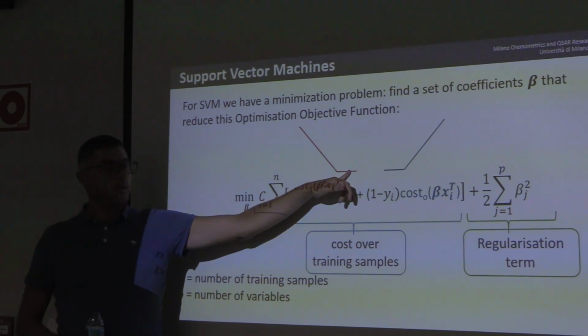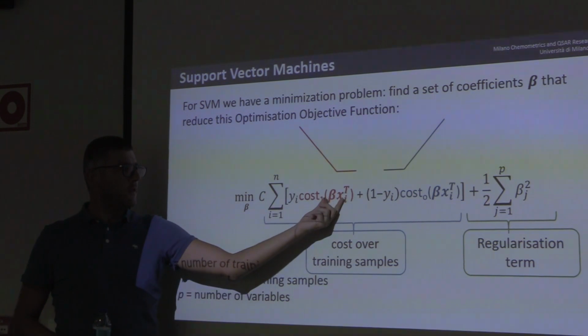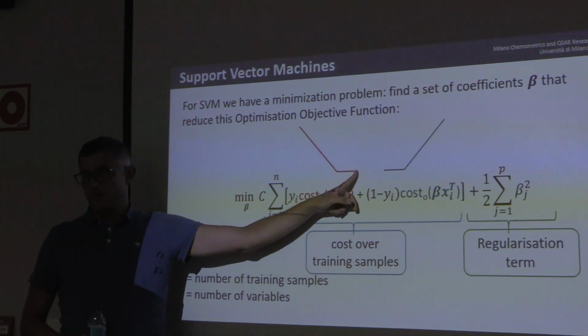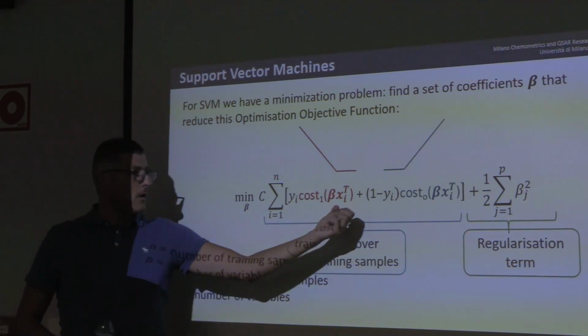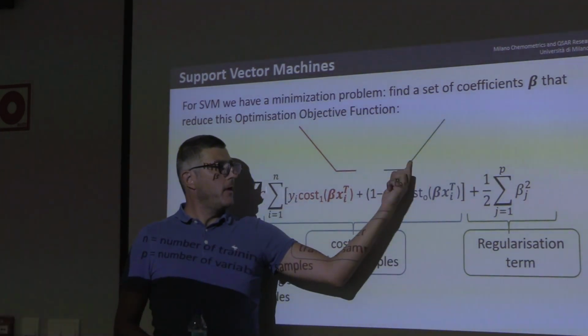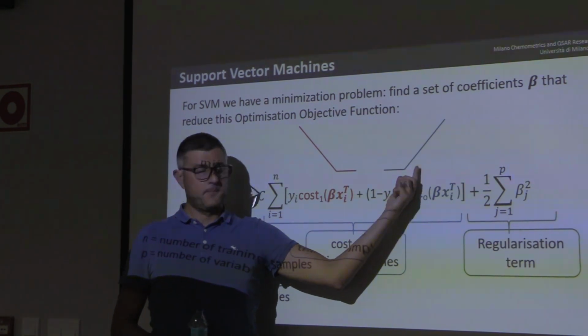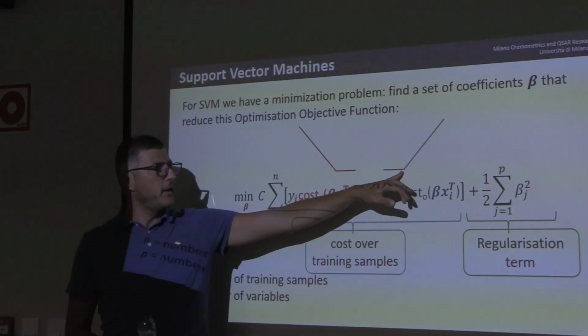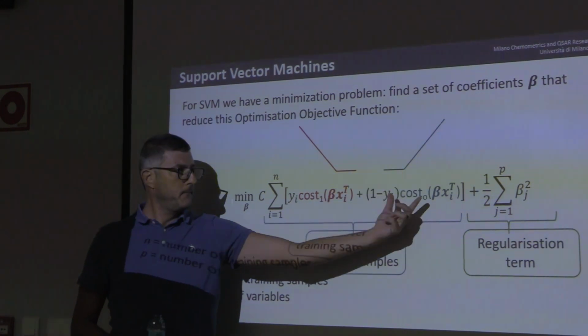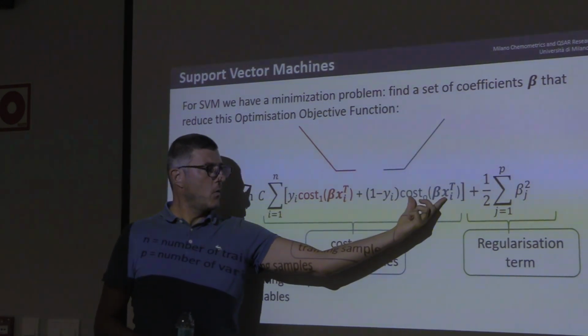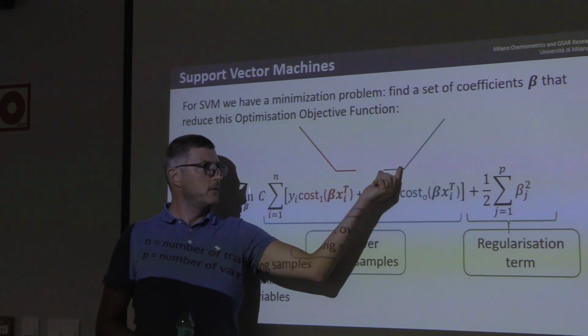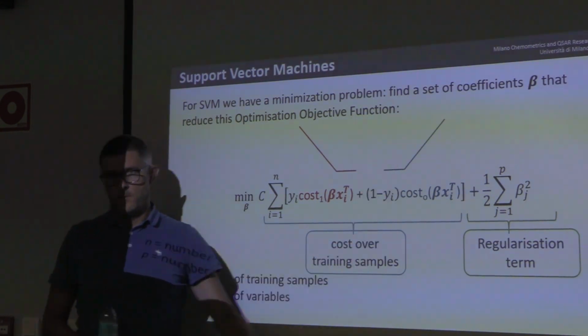This is 0 when this linear combination is higher than 1, you remember? This is the cost for the blue class, which was coded as 0, right? And we want this cost to be as low as possible too.